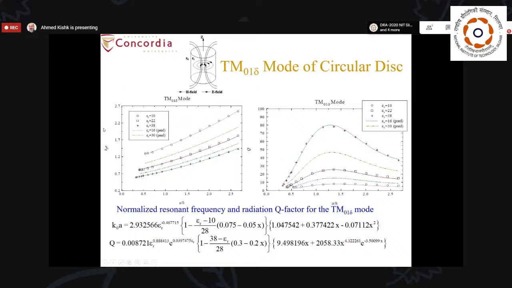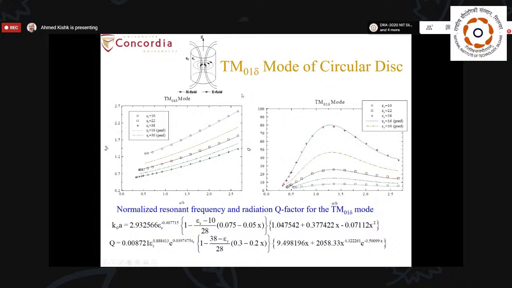At the beginning, we were doing this numerically, and it was a very hard search in the complex plane to find the complex resonant frequency, from which we can predict the resonant frequency and the Q factor of the resonators.